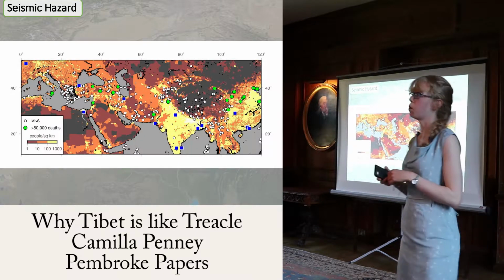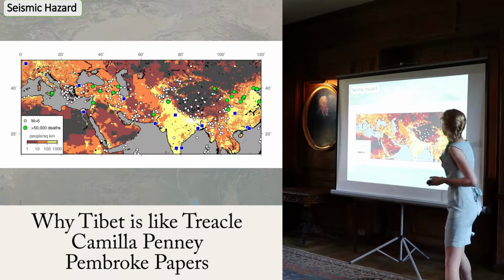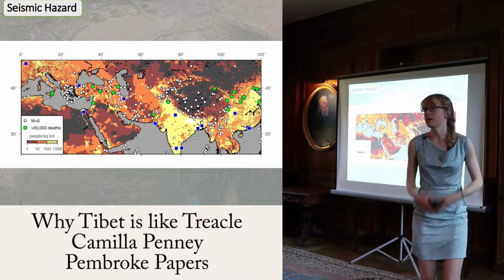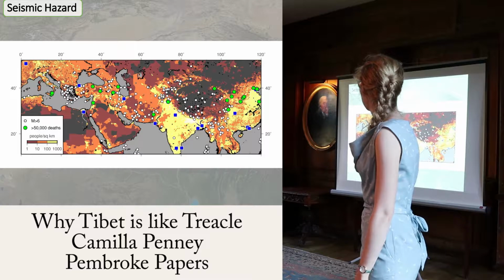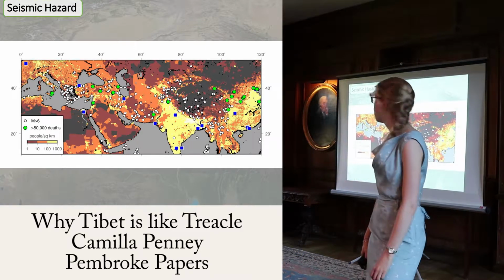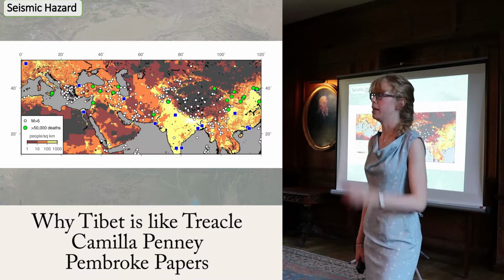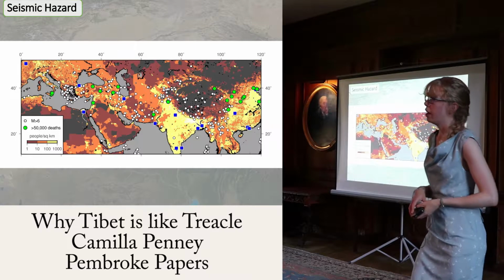Black is less than 1 person per square kilometre, and white, here in the Gangetic Plain, is over 1,000 people per square kilometre. So what you can see is that we have earthquakes, and we have large numbers of people. And the blue squares are megacities, places which currently have over 10 million inhabitants in their urban area.